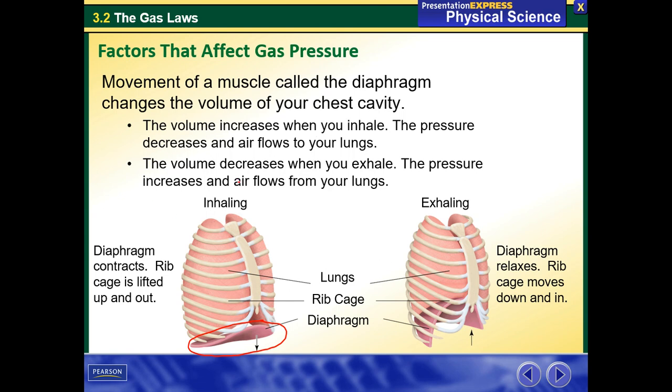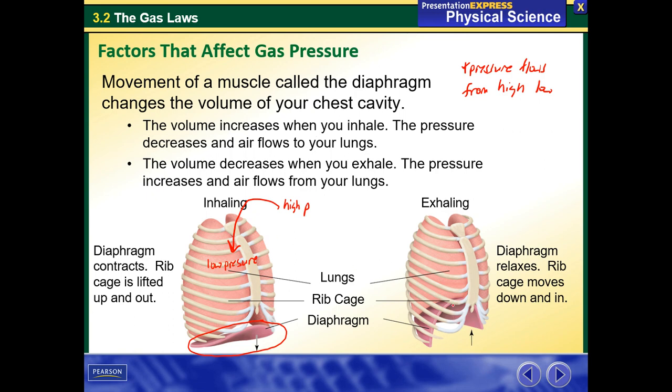And one thing to know is that pressure flows from high pressure to low pressure. So if we increase volume, that means we have low pressure within the lungs, high pressure outside the lungs, and so air flows in.